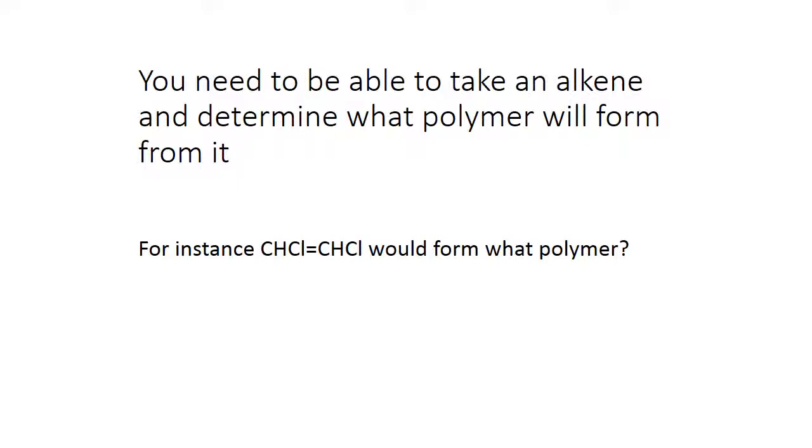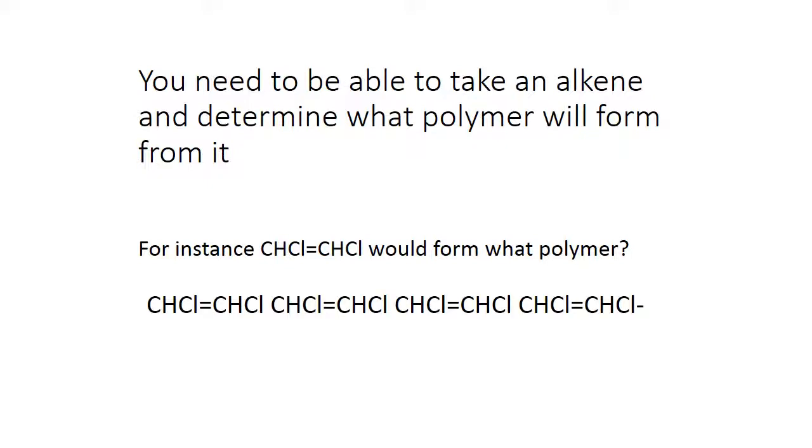Okay, you need to be able to take an alkene and determine what polymer will form from it, or look at a polymer and determine what alkene made it. For instance, if I give you this alkene, what polymer would form? So to figure this out, the first thing you would do is draw several of these alkenes, 1,2-dichloroethylene, next to each other.